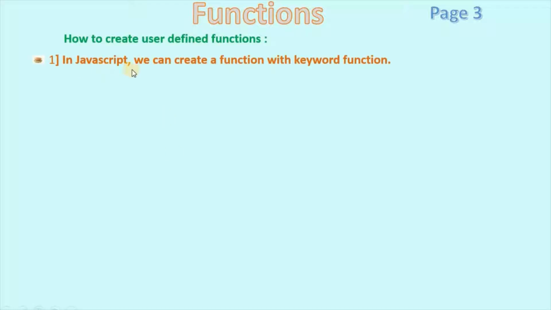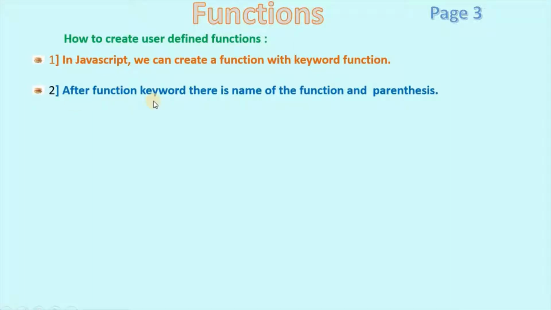Now we will see how to create user-defined functions in JavaScript. In JavaScript, we can create a function with the keyword function. After the function keyword, there is the name of the function and parentheses.